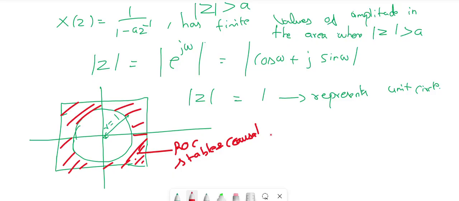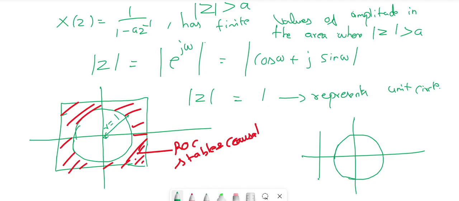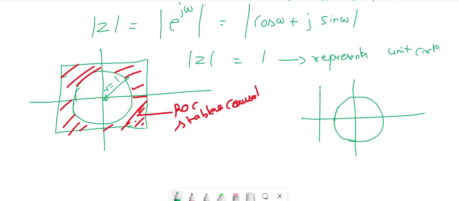Okay, so now for this you can draw in the z plane r is equal to a. R is equal to a. This is your non-causal region.